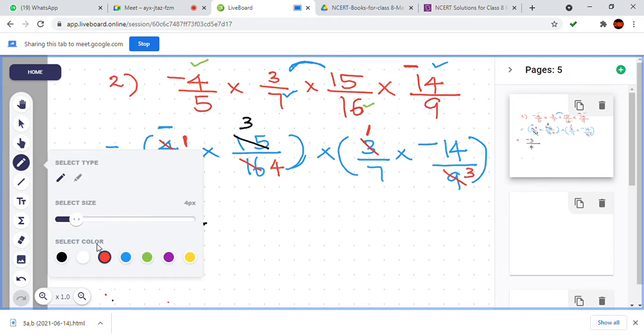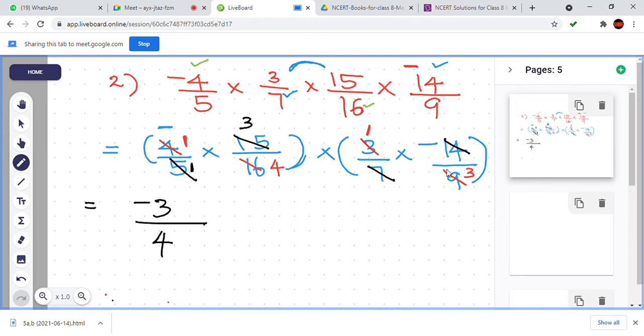The same way, the next two numbers 7 and negative 14 we can cancel with the 7. Cancel means division, that's only. We divide this 7 by 7, that is 1, and 14 divided by 7, that is 2. So here there is a minus, therefore we must write -2. Do not drop that negative, -2. Now let us multiply and write. Multiplying the second fraction, 1 into -2 is -2, then 1 times 3 is 3.